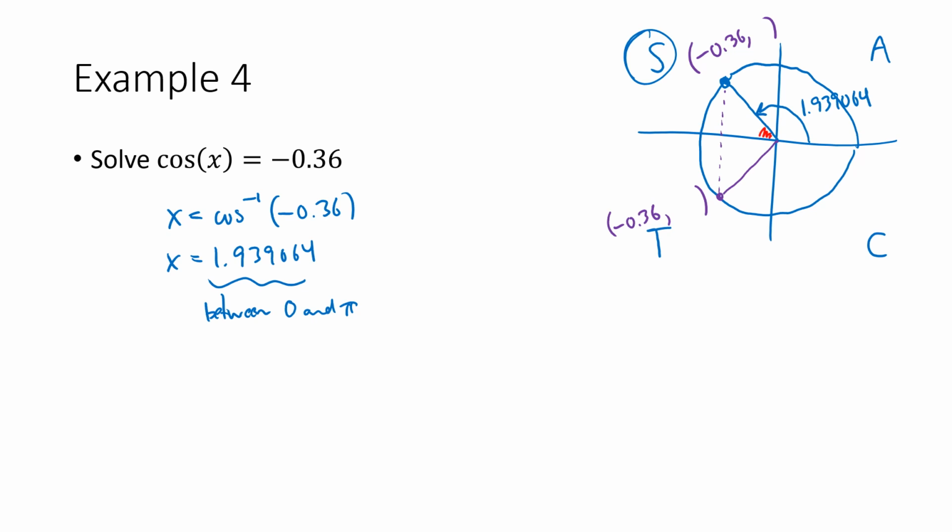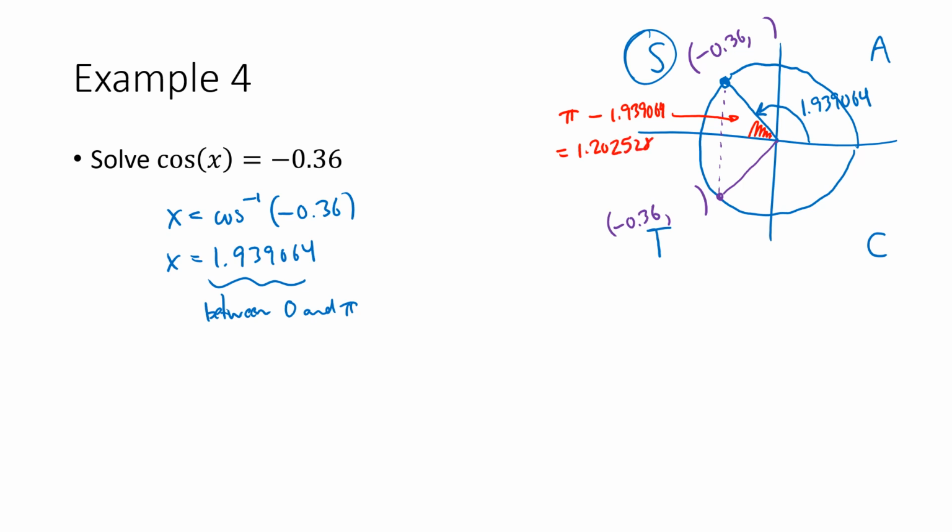So the reference angle of the original solution, 1.939, is this angle in here. So that angle is a half turn minus the angle that we found, 1.939064, and that works out to be 1.202528.